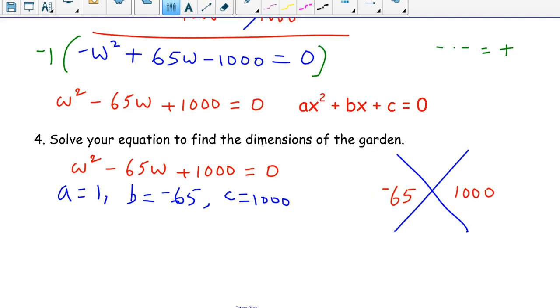Now, how do you figure it out? You know, 1000 is 10 times 100, but 10 and 100 don't help us, right? It won't work. 10 plus 100 is 110. It's of no use.